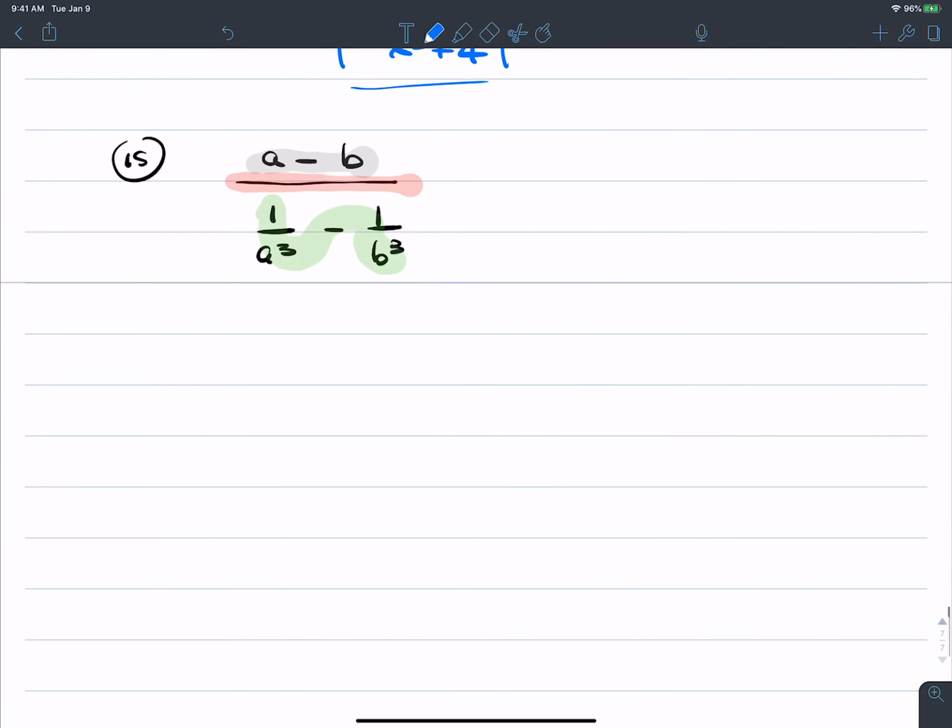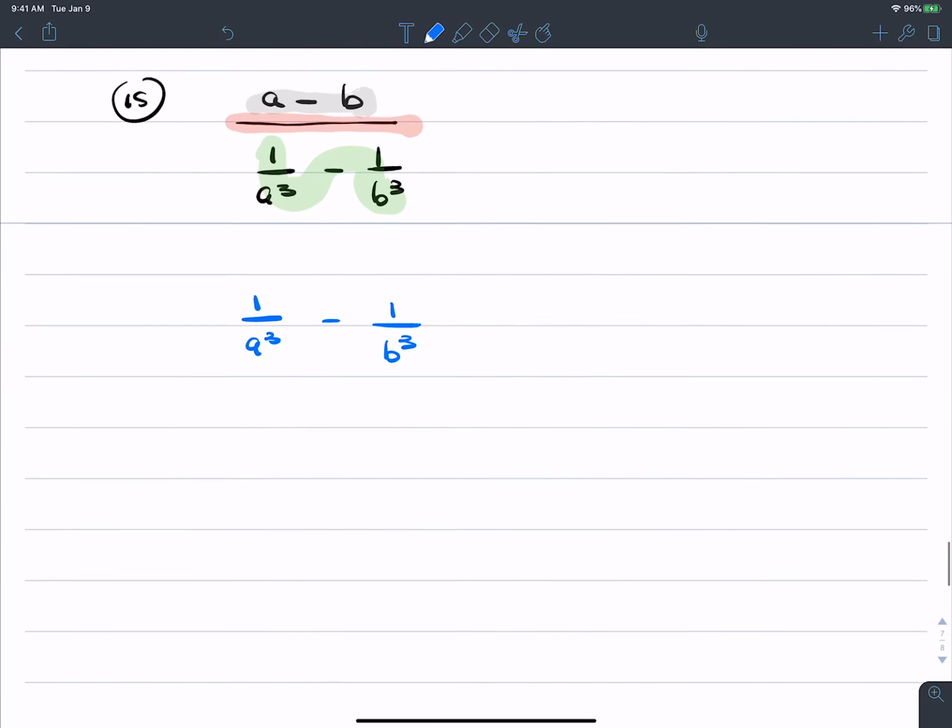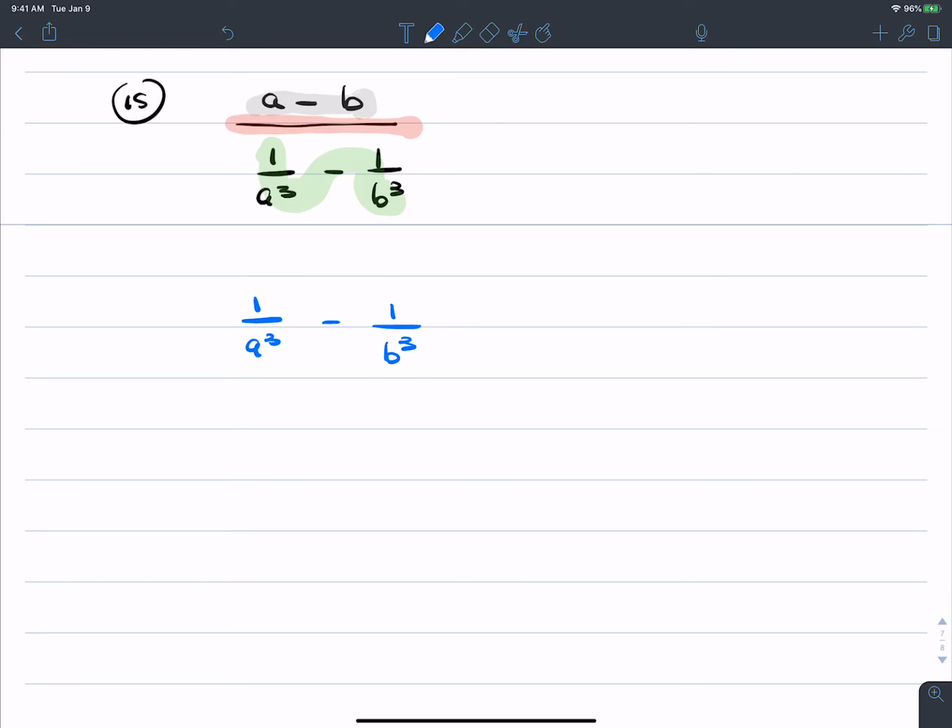So I have 1 over a cubed minus 1 over b cubed. And in this case here, if I use the shortcut or use the LCM method, we're going to get the same answer.